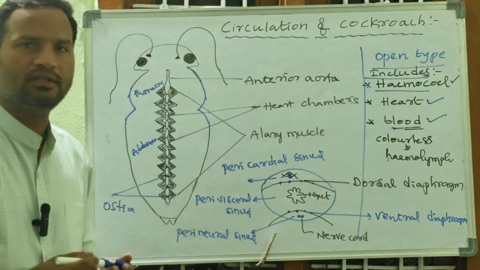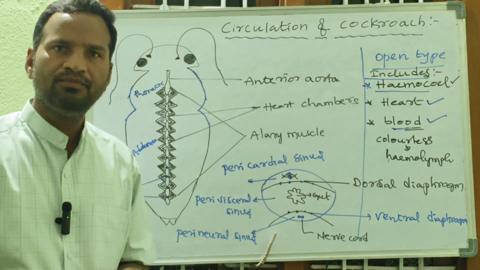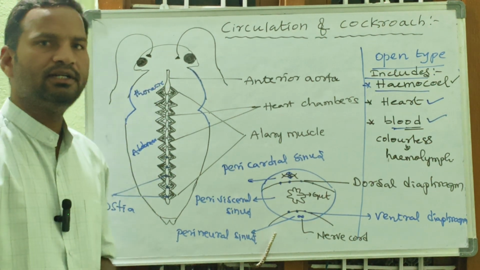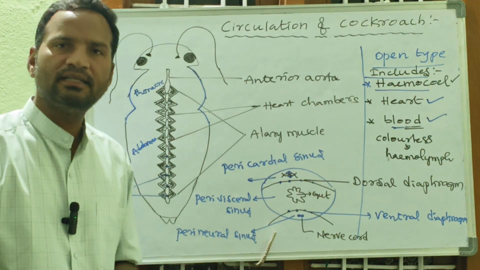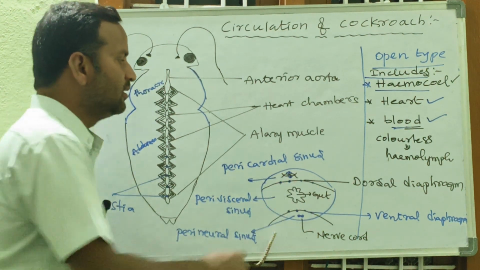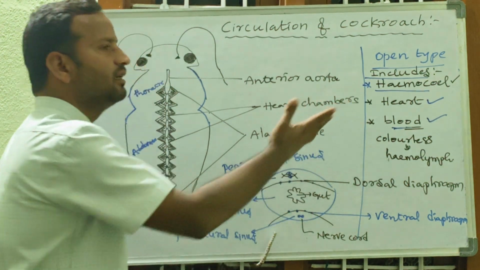Due to contraction of the alary muscles, the dorsal diaphragm is pulled down. As a result, the volume of the pericardial sinus is increased.